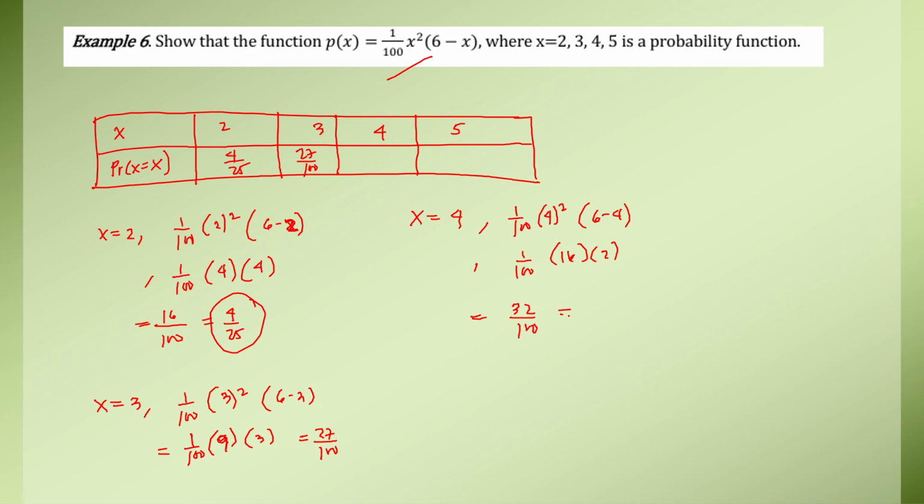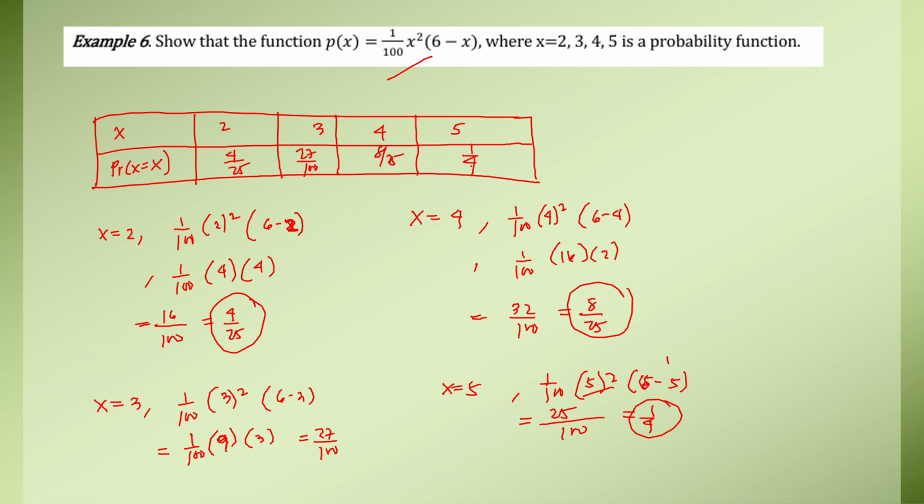We can simplify as 8 over 25. The last one is x is equal to 5. So 1 over 100 times 5 squared, 6 minus 5. So this is 25 over 100, or 1/4.